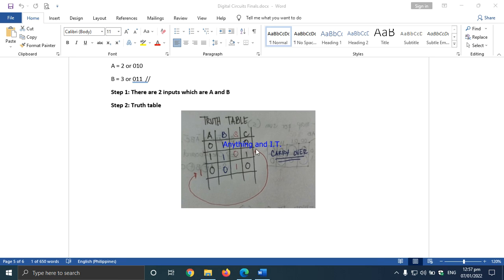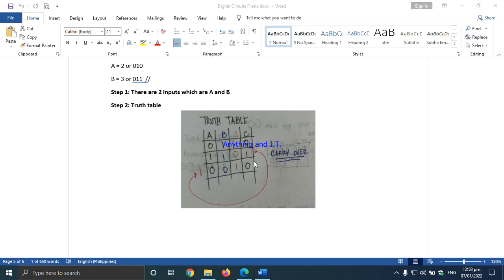Then yung carry na sinasabi natin, ililipat lang natin siya dito. Kasi nga carry over. So yung carry natin, ililipat natin siya dito, carry over. Then 1 plus 0 plus 0 will give you 1. And wala tayong carry over, so 0 ang ilalagay natin dito. Okay?